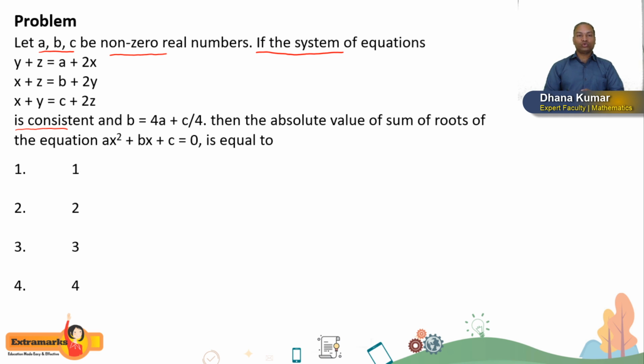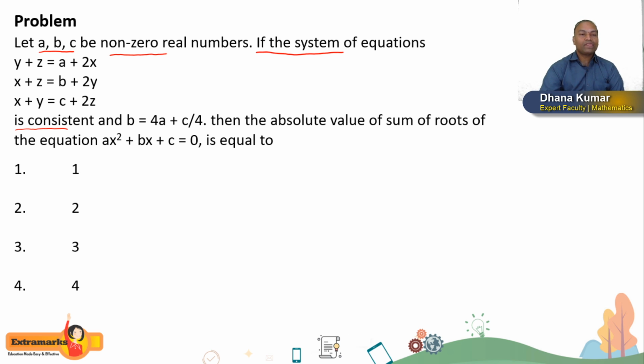Now, in matrices and determinants, consistent has two types of solutions. What are those two? Unique solution or infinitely many solutions. Whatever it may be, if the given system has a unique solution or infinitely many solutions, the system is said to be consistent.